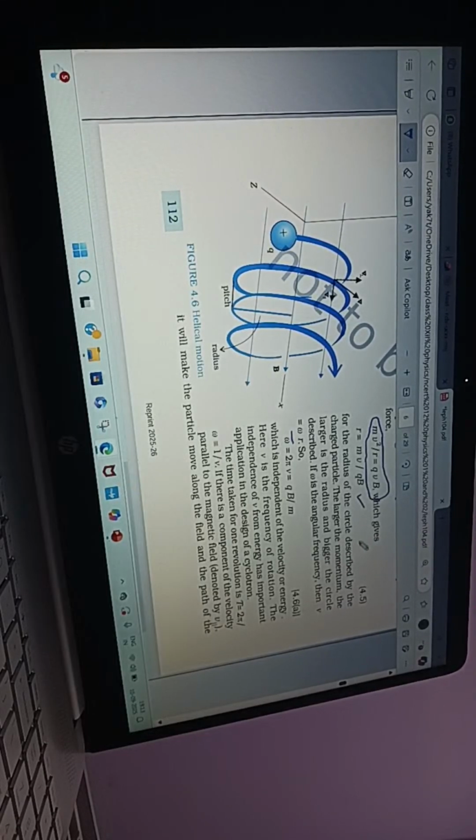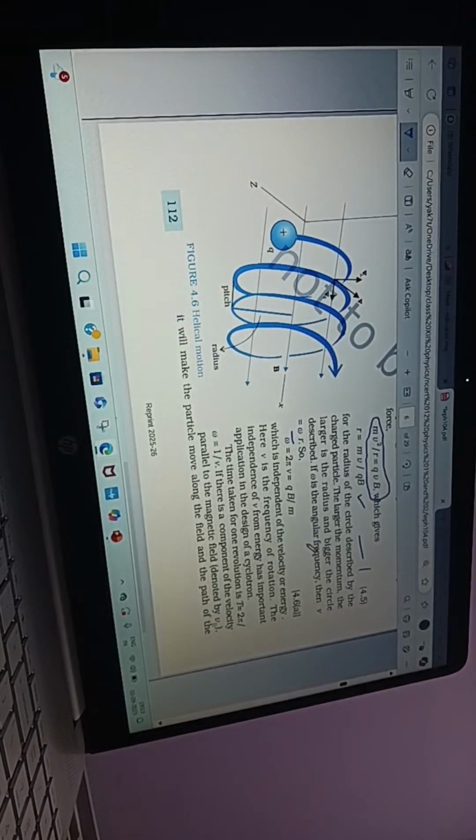Then you will be getting omega, 2 pi nu. What is nu? Frequency. What is omega? Angular velocity. This is equal to QB by M.